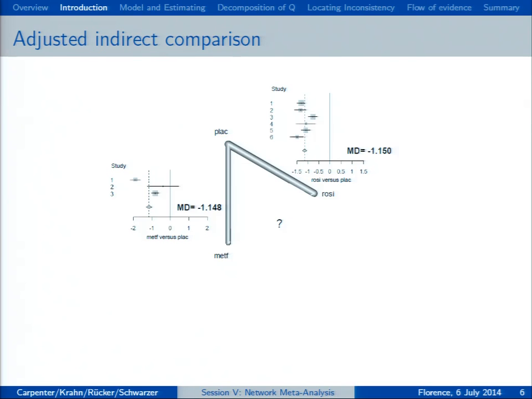So we can aggregate the treatment effects per design here, and by subtracting these aggregated treatment effects, we can indirectly infer the treatment comparison between METF and Rossi. We also obtain the variance of this indirect effect estimate when we sum up the corresponding variances of these direct effect estimates.